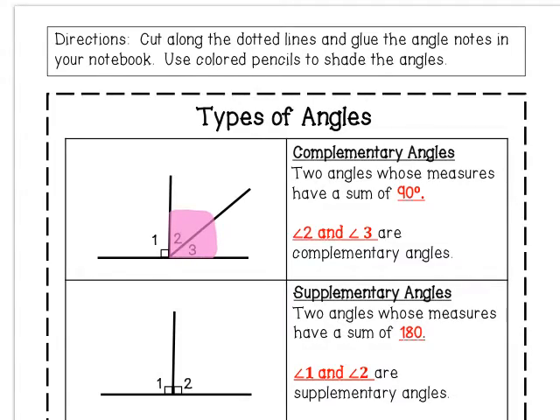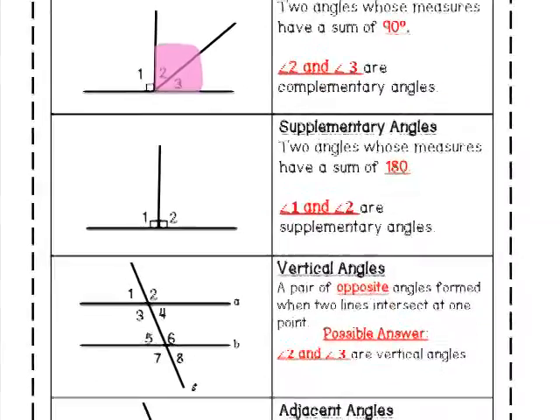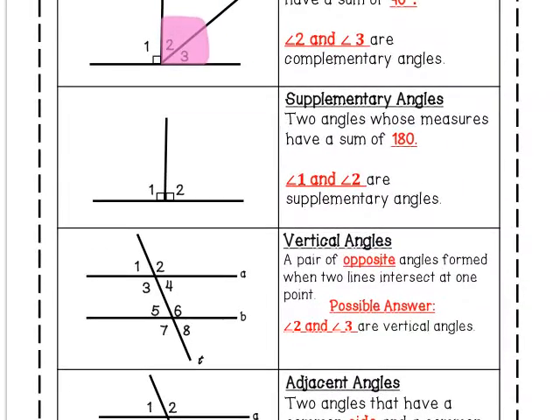All right, next one. Supplementary angles. Supplementary angles are two angles whose measures have a sum of 180 degrees. They also can be called a linear pair, because they form a straight line. So if we look at angles 1 and 2 here, see how together they form a perfectly straight line?